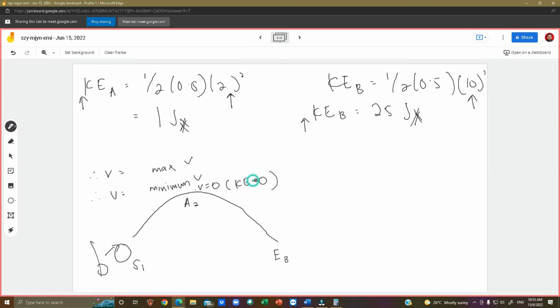So dekat mana velocity maximum? Dekat sini lah. Dekat permulaan. At the instant of impulse being given, that is the point where the velocity is at maximum. Okay, contoh. Kita assume 1 Newton of force being given will make the ball travel at 0.8 meter per second.